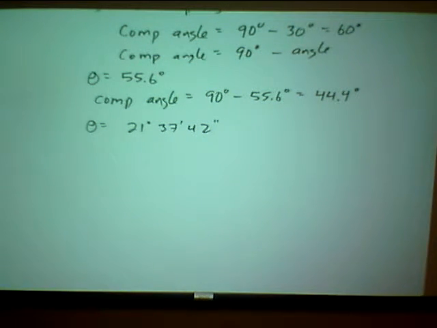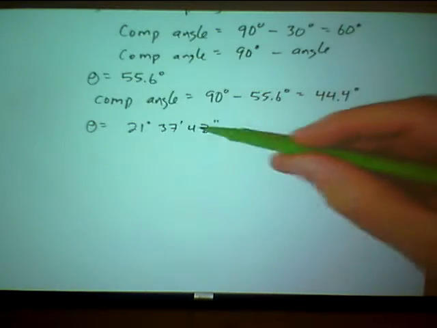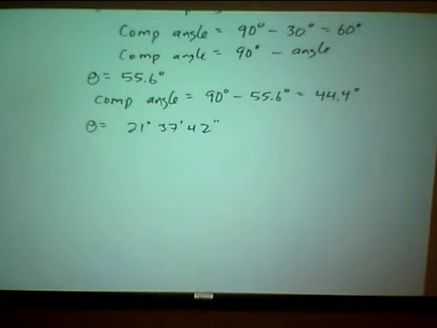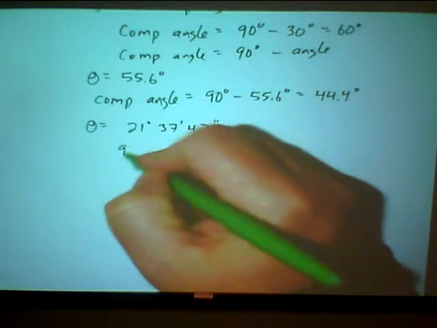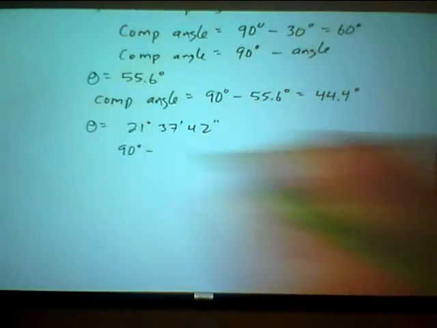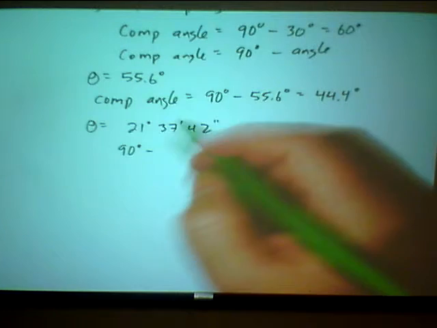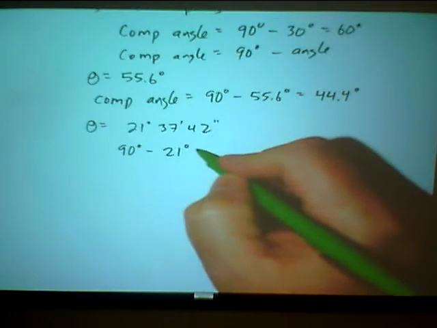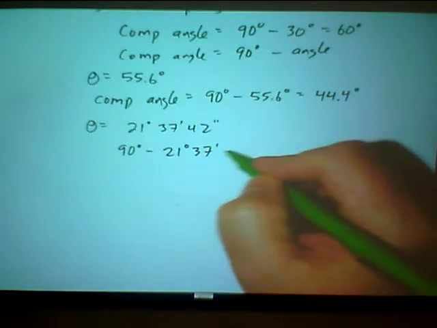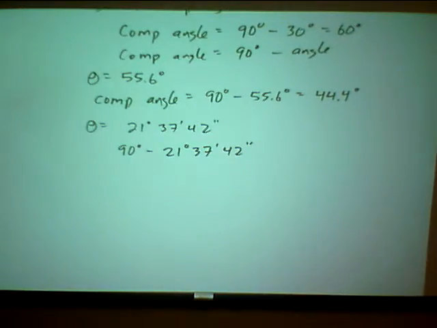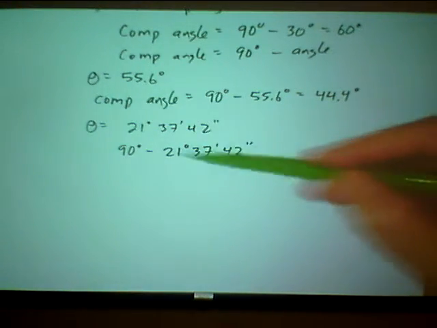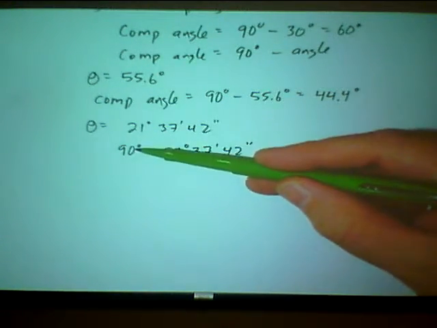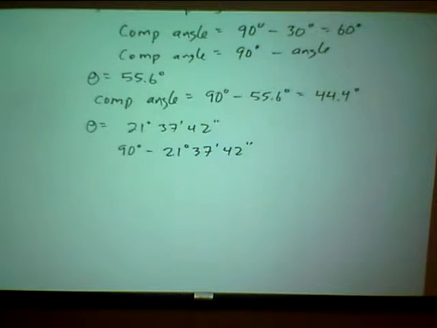So I have an angle of 21 degrees, 37 minutes, and 42 seconds, and I'm asked to find the complementary angle of this angle. Well, it's the same idea. I'm going to take 90 degrees and subtract my angle. Of course, the difficulty is how do you subtract 90 degrees if you have an angle with minutes and seconds?